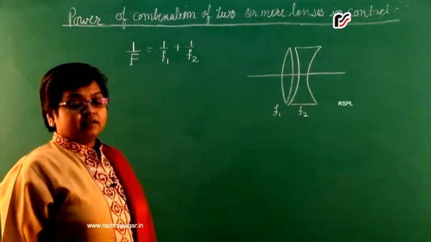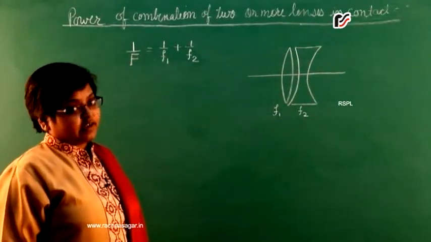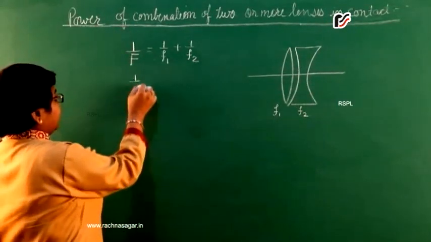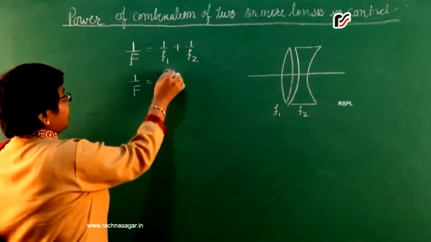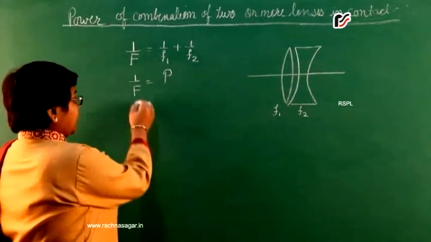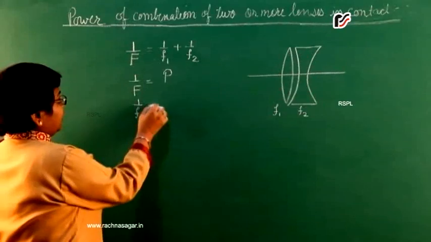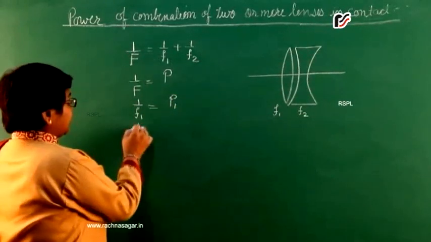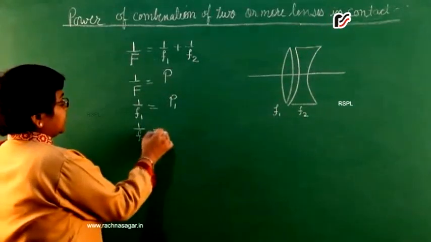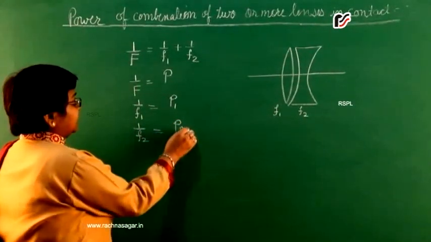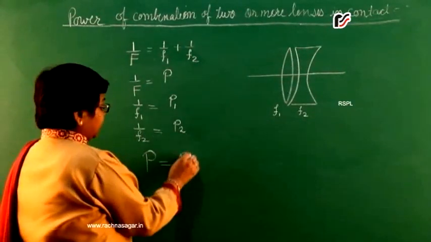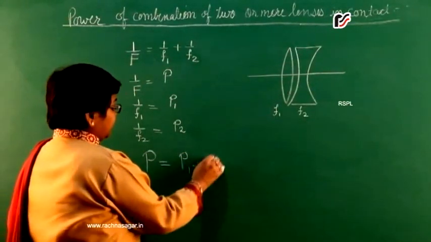Remember the sign conventions on f1 and f2 once again. 1 upon f, we write as the power of the combination. 1 upon f1, we write as the power of the first lens, and 1 upon f2 as the power of the second lens. So the power of the combination, capital P, equals P1 plus P2.